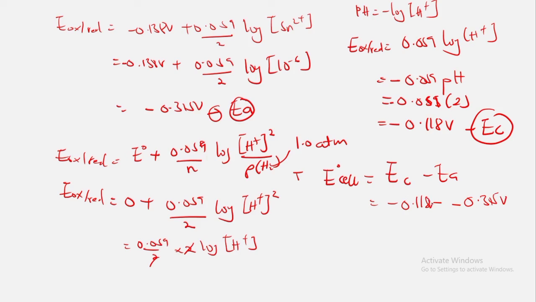This is always in volts. So at the end, we get our E cell to be positive 0.197 volt. And since we've gotten a positive value, that means that the tendency for tin corroding in deaerated sulfuric acid is true, because it gives us a spontaneous reaction.